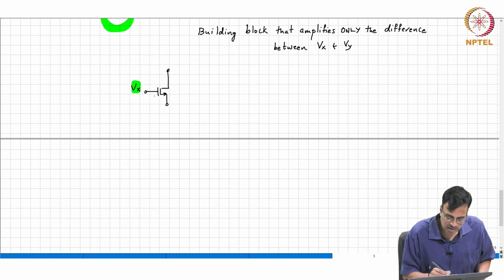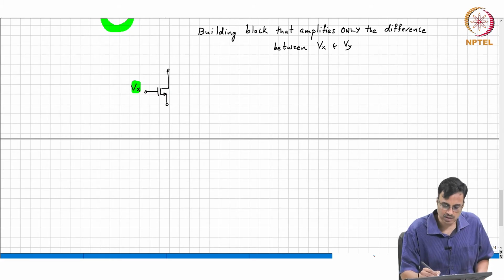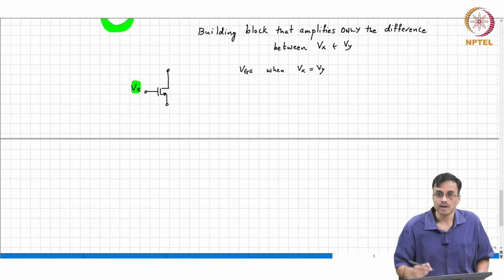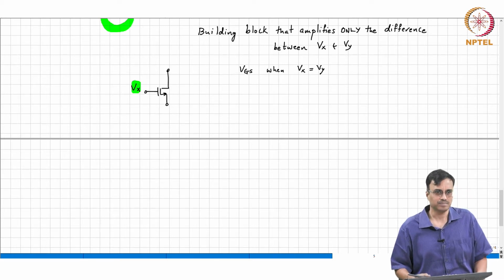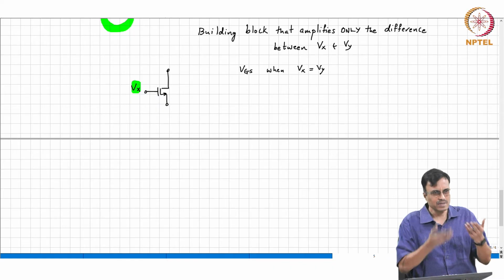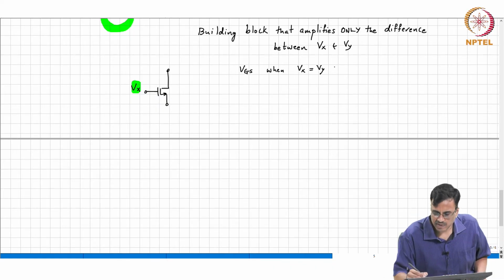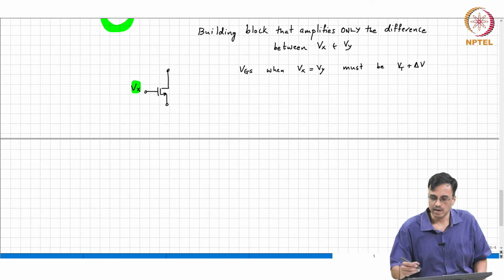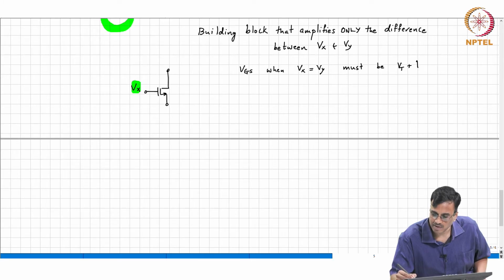So, in other words, the gate source voltage when Vx is equal to Vy must be such that it is carrying some current, which basically means it must be some Vt plus some overdrive. Let me not confuse you with delta V. What do we call this?